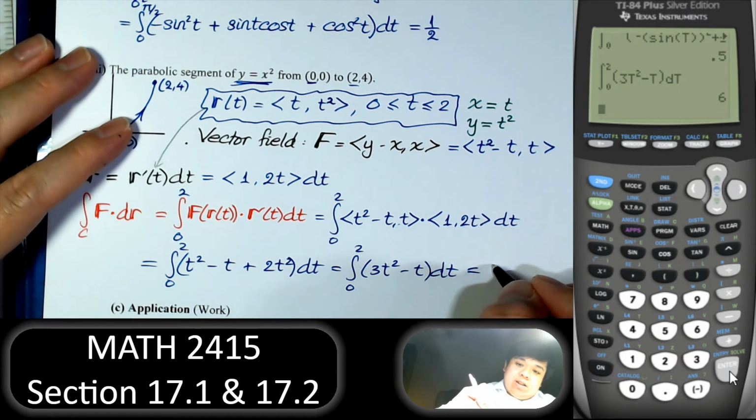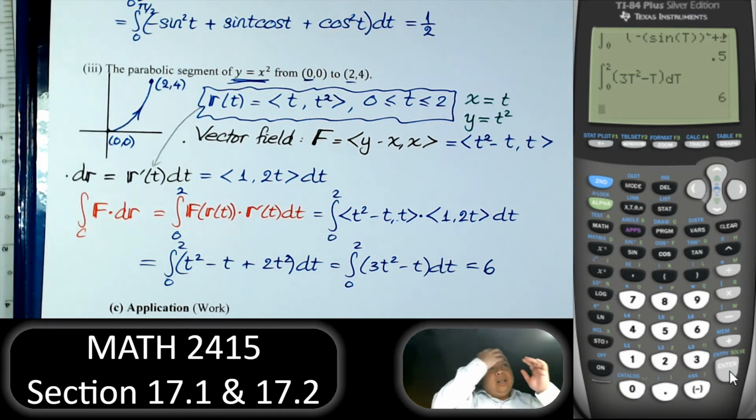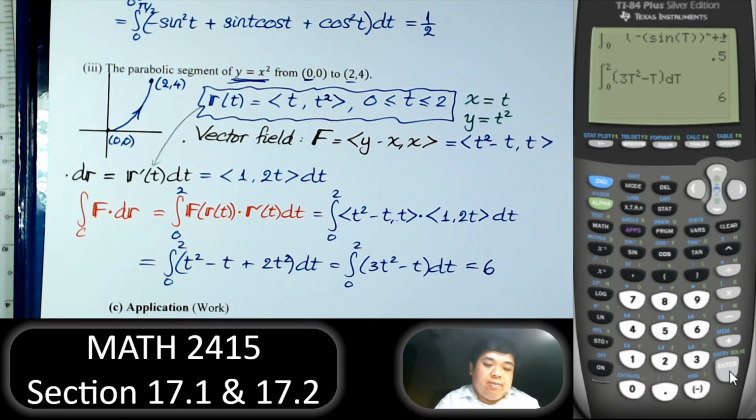And I have 6. So simple enough, right? So most of the problems in this chapter are like that. If it is vector form, we have to do the dot product.